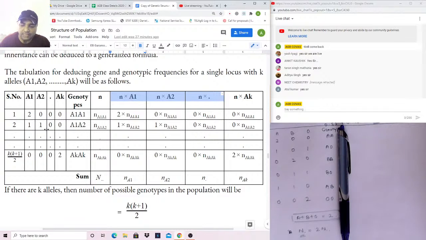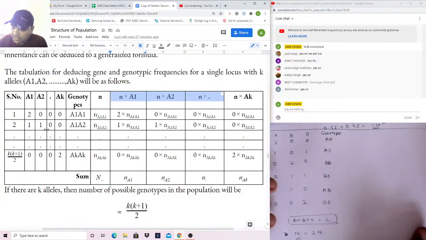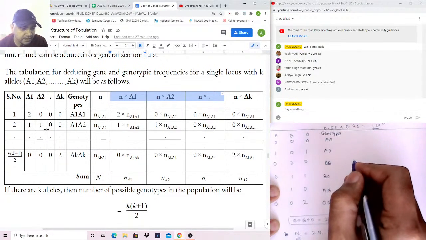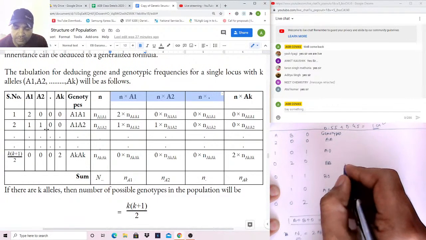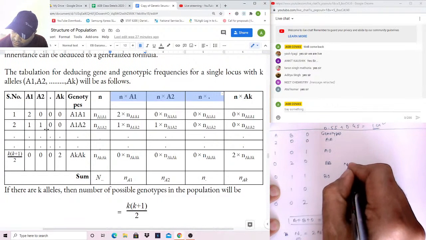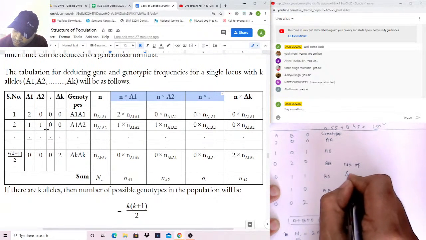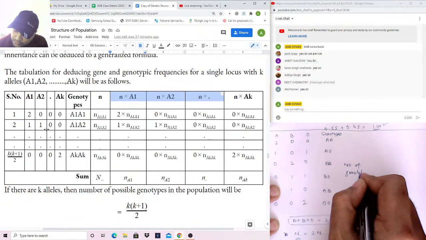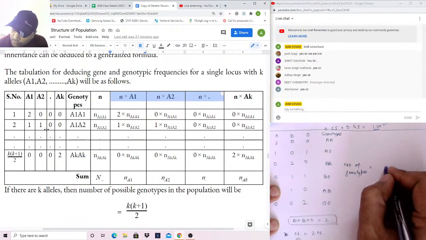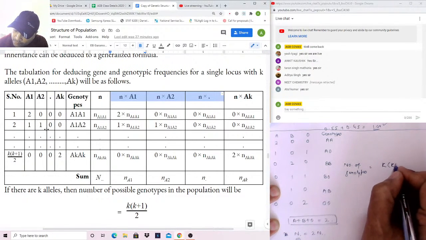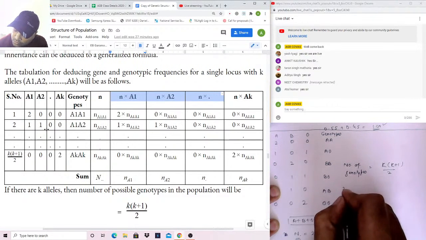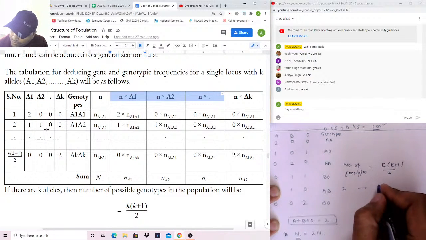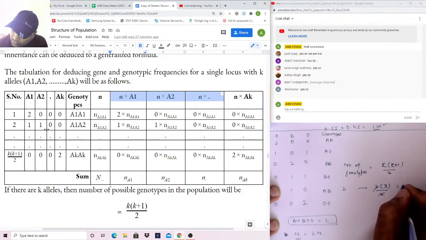Now say for example there are k alleles. One generalized formula you must understand here is that if there are k alleles, then the number of possible genotypes in a population will be k into k plus 1 divided by 2. For two alleles, the number of genotypes will be 2 into 3 divided by 2, so it is equal to 3.